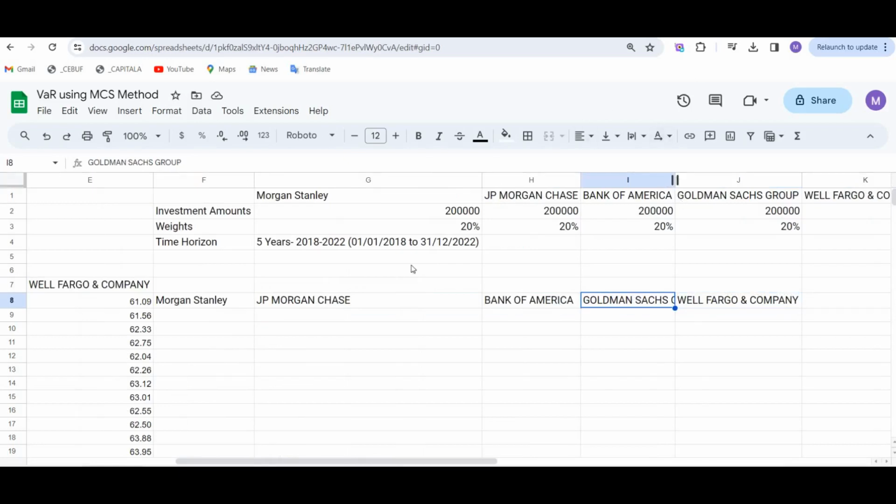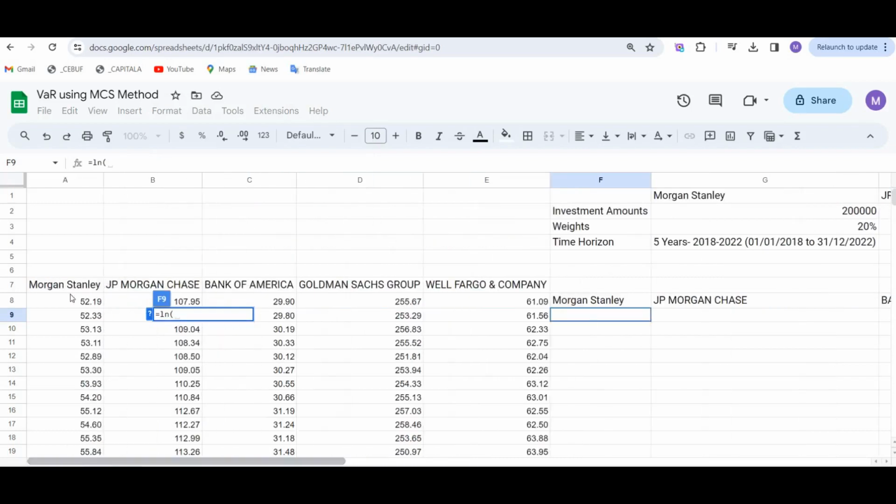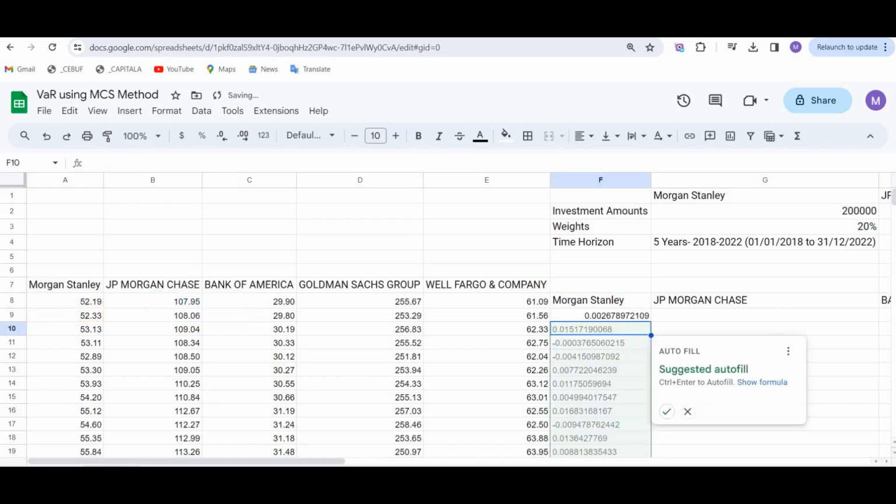And then we find the log return. The formula is equals to ln, that is new price divided by the old price, close the bracket, enter.